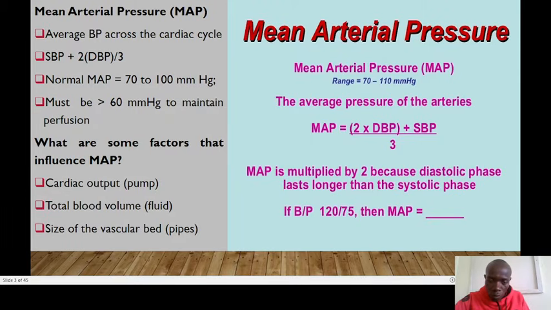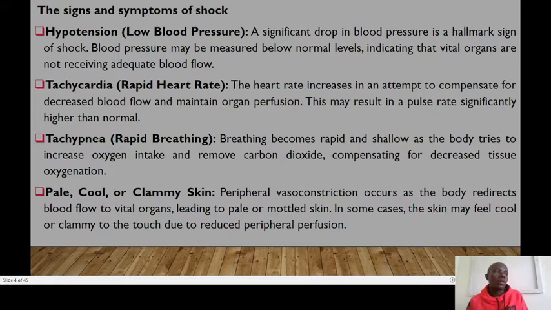You simply take 120 plus twice 75, you get 120 plus 150, you divide it by 3. You get your MAP, which should be within 70 to 100 millimeters of mercury. Simply put, for adequate perfusion, our MAP should be at least above 60 millimeters of mercury.